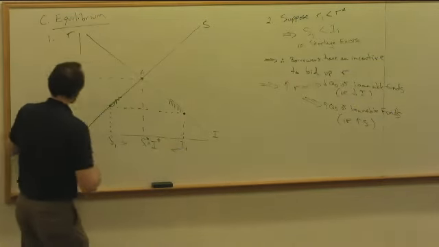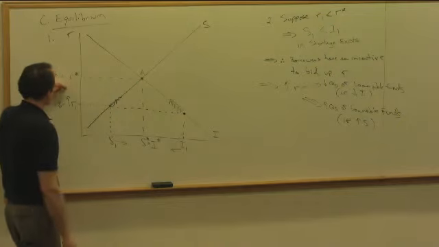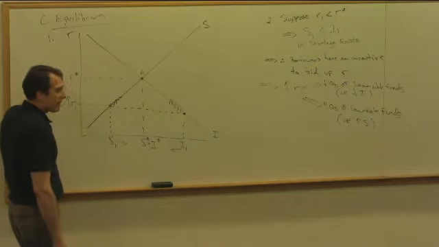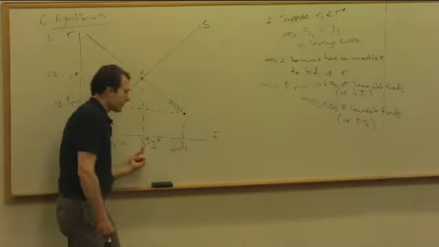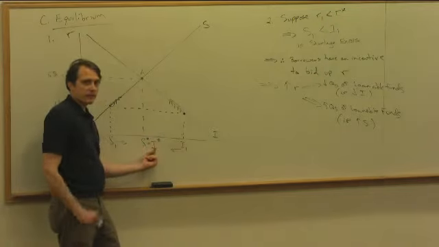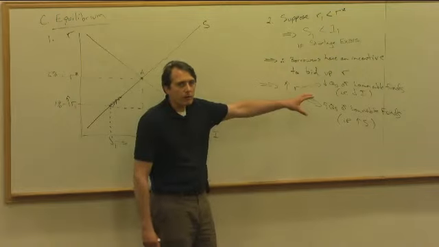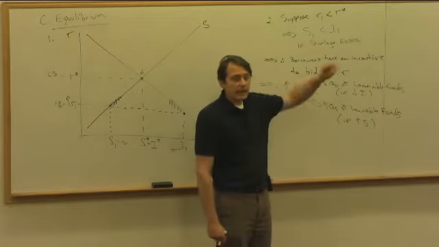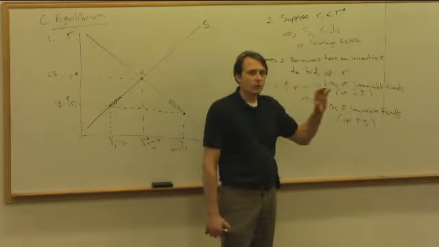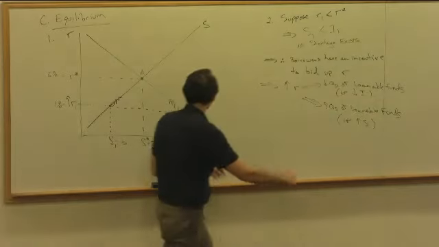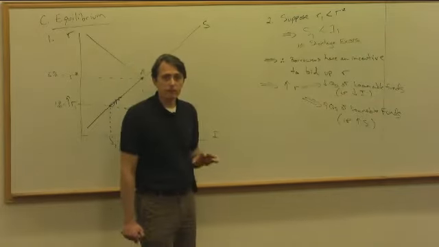Okay? And so this bidding up of the real interest rate is only going to stop when you reach an interest rate of 5%, because at that point, the amount of national savings is going to exactly equal the amount that people want to borrow. So there's going to be no potential borrower out there who's going to say, hey, I'm willing to pay more, because every borrower who wants a loan at an interest rate of 5% can go ahead and find one. Okay?